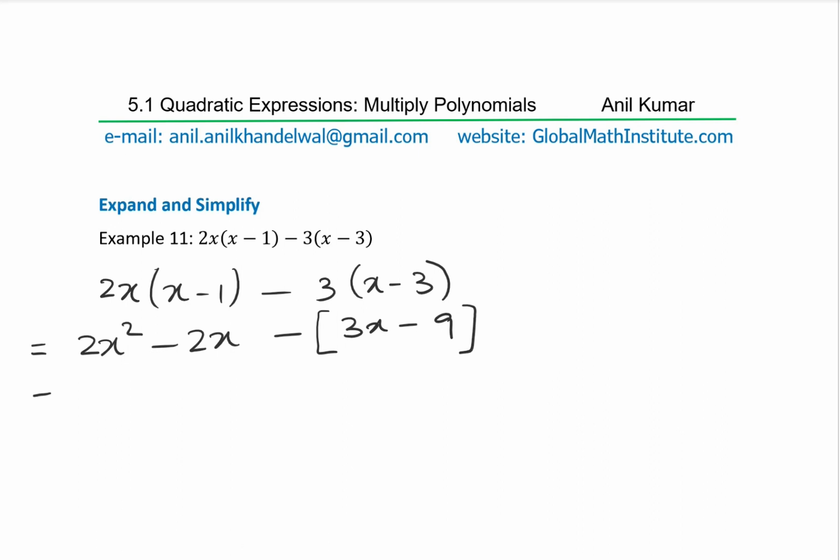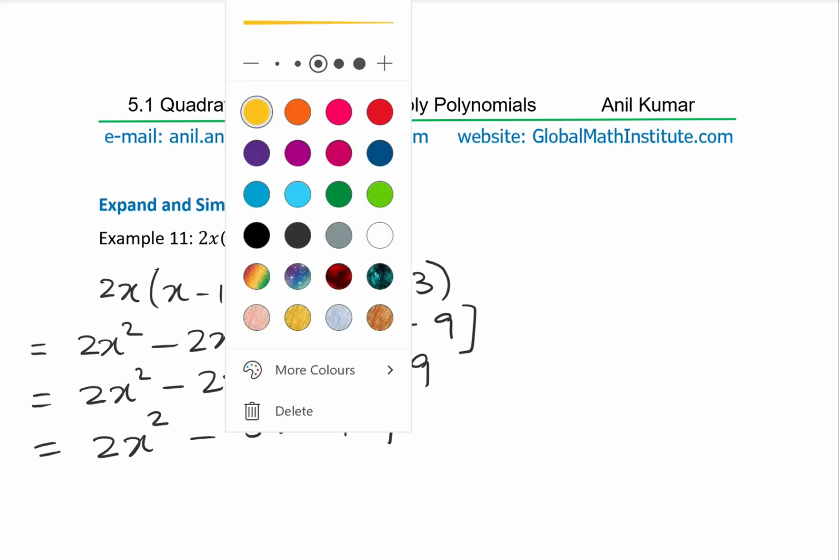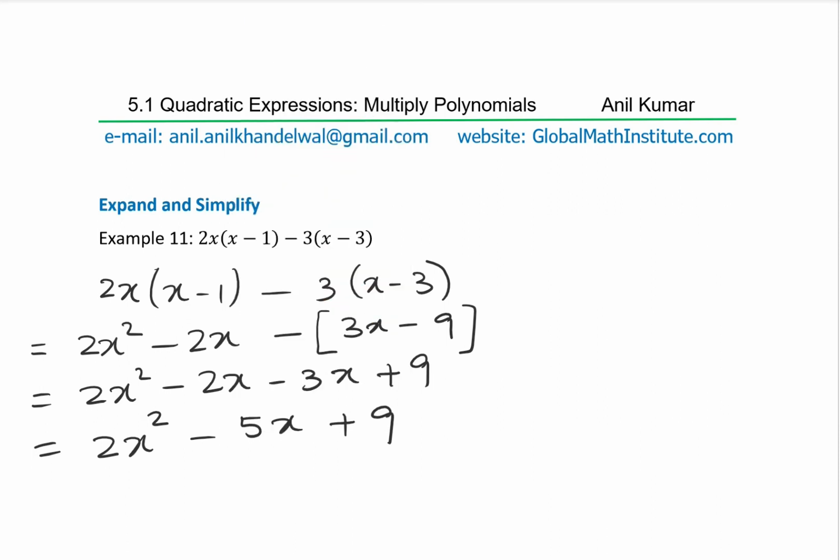Now we can open the bracket. So we get 2x squared minus 2x minus 3x, the sign changes to positive, and combine the like terms. So we get 2x squared minus 5x plus 9, and that becomes your answer. Does it make sense to you? So that is how we are going to solve such questions.